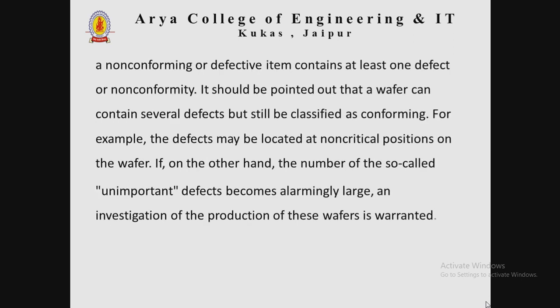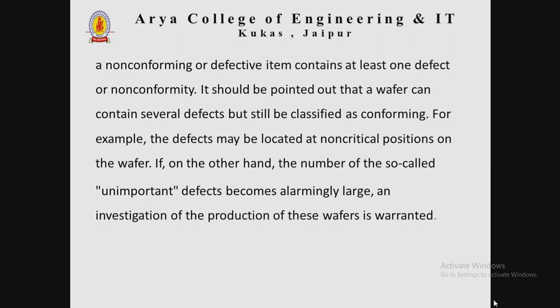A non-conforming or defective item contains at least one defect or non-conformity. It should be pointed out that a wafer can contain several defects but still be classified as conforming. For example, the defects may be located at non-critical positions on the wafers.